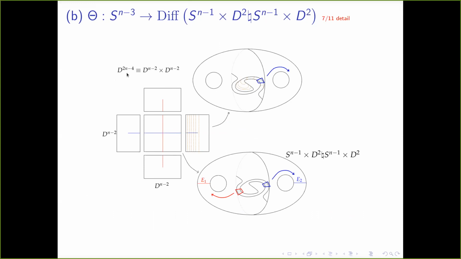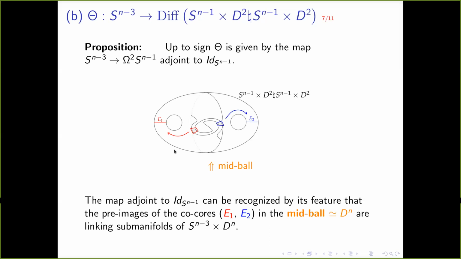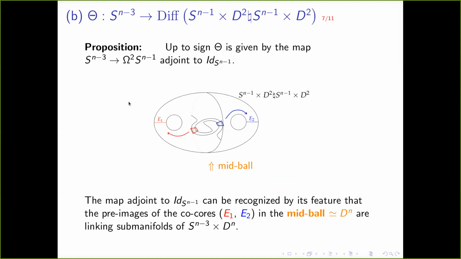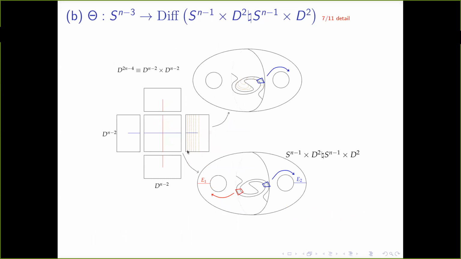So we've got an S^(n-3) parametrizing this family of diffeomorphisms, and then we've got that D^n parameter family.